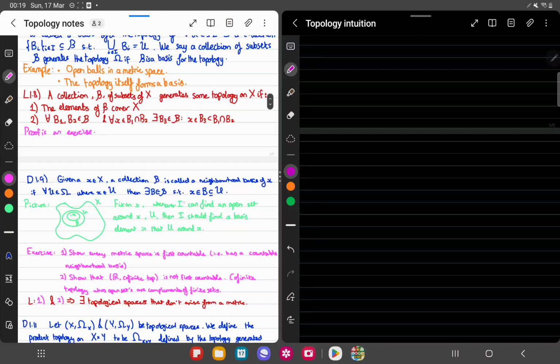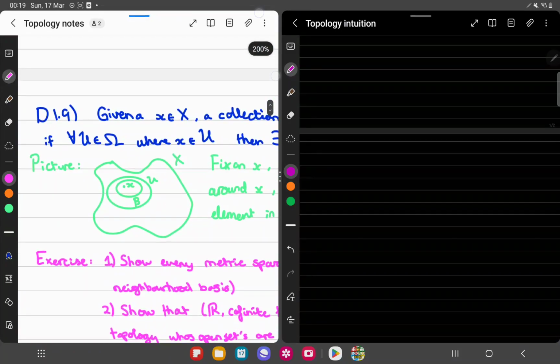Fix a point little x in a space capital X. Whenever I can find an open set U around x, I should find a basis element in that U around x. Then I should be able to find a little topological ball around x.